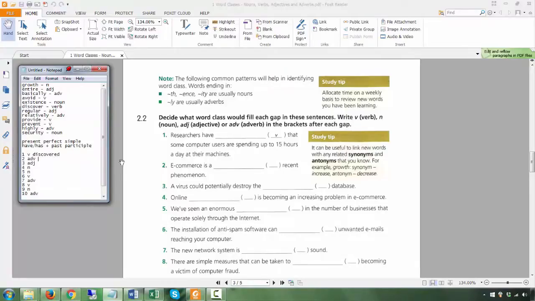Okay, 2, adverb. So what describes the recent? How many adverbs do you have here? 3. Basically, relatively, highly. Now students will probably choose one of them, and they'll probably choose the wrong one, because if you say, oh, e-commerce is a basically recent phenomenon, e-commerce is a relatively recent phenomenon, e-commerce is a highly recent phenomenon.